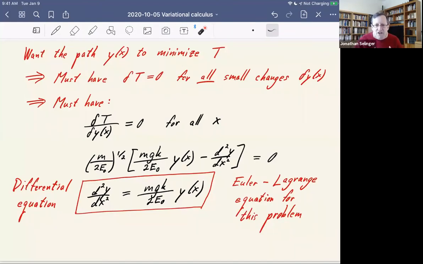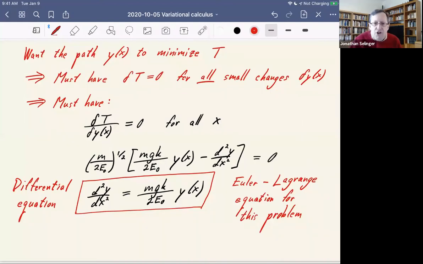My favorite method is guessing the answer, right? And so I want to say, is this differential equation similar to any other differential equation that I've ever seen? Well, here, this differential equation says that the second derivative is equal to a constant times the function itself. Okay? And in this case, it is a positive constant because all of the numbers here are positive numbers.